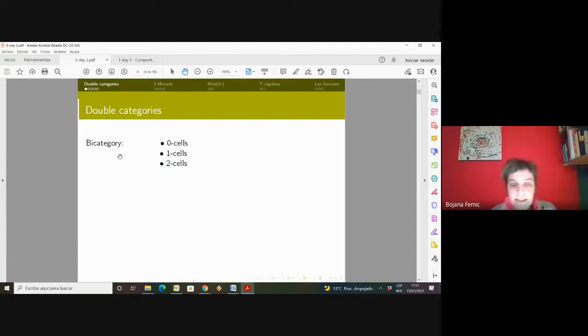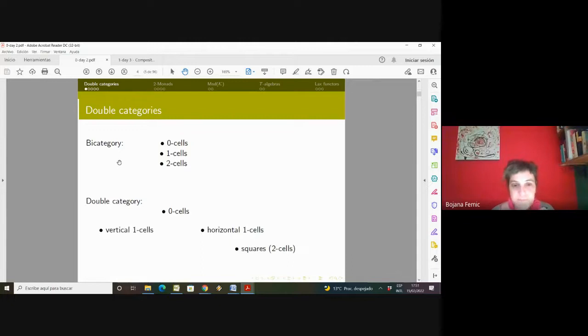Now in a double category, what I'm going to show you next is my personal visual scheme, how I present the ingredients of a double category. So on this diagonal, I put 3 types of cells, which will actually show to be a bicategory.